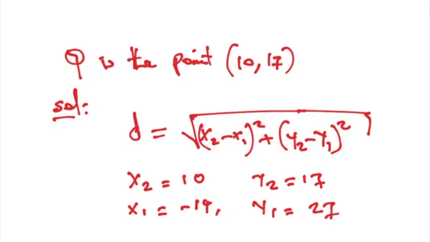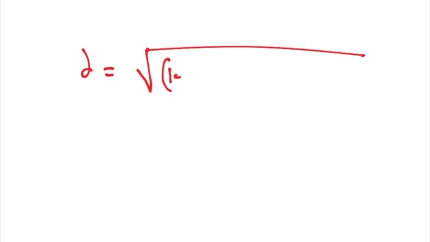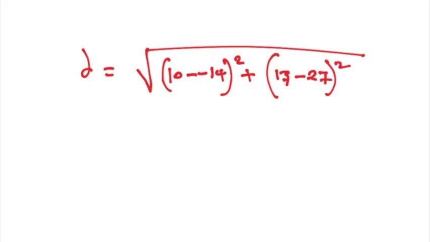So let's use them. d is the square root of (10 minus negative 14) squared plus (17 minus 27) squared.